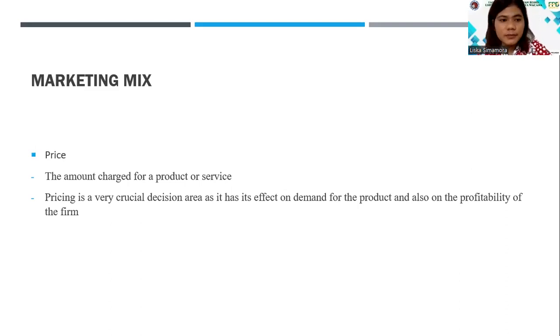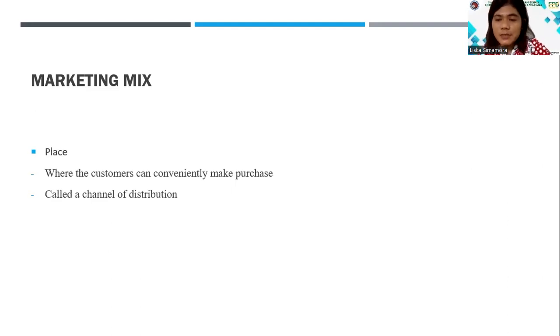So the next P is place. The place is where the customers can conveniently make purchase. Whether our customer is nearby our shop or whether they are far away from our shop. That is the place. But currently, the place has two types. We call it online and we call it offline.